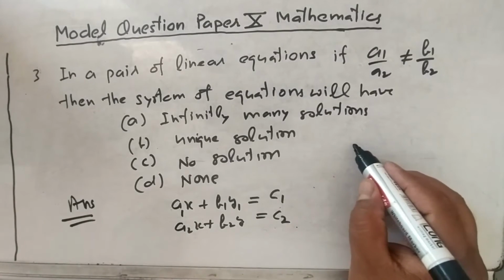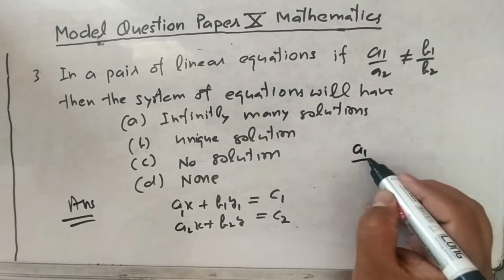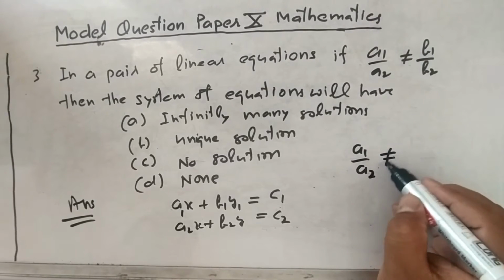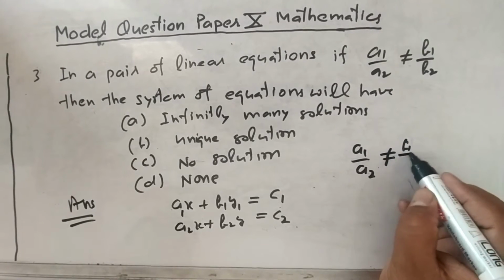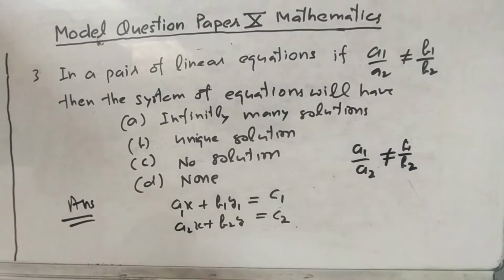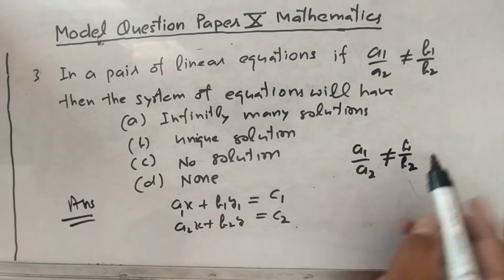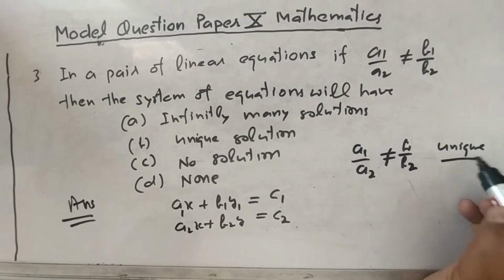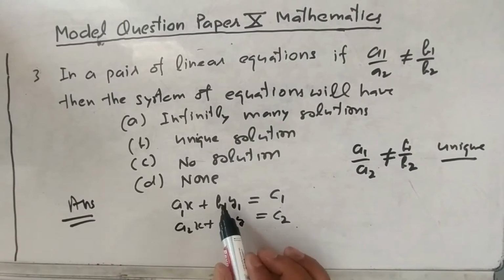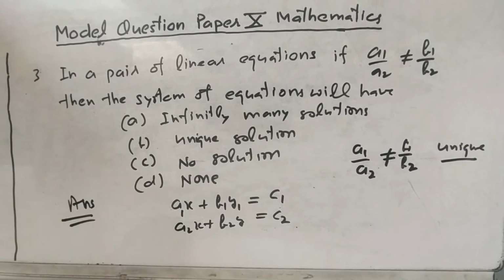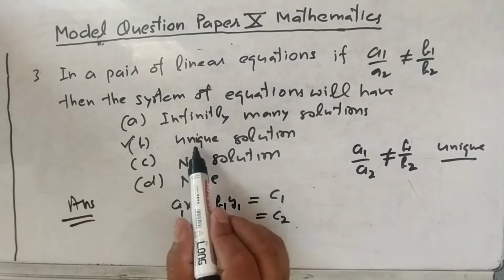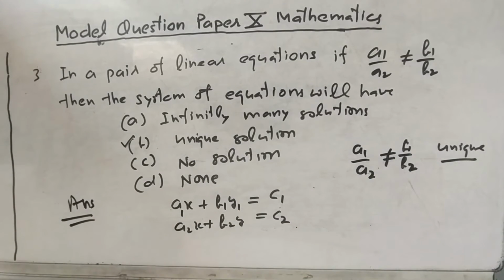Now, children, if a1 over a2 is not equal to b1 over b2, then the solution is unique. Just remember, solution will be unique if a1 over a2 is not equal to b1 over b2. So the answer to this question is unique solution, or one solution you can say.